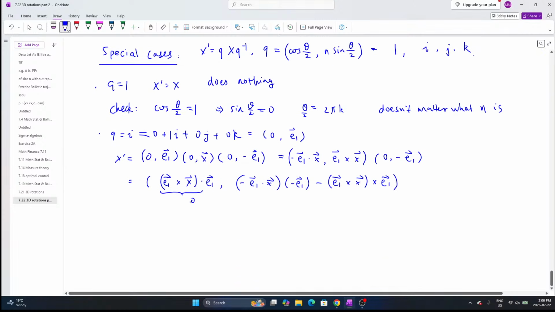So what happens here? This is 0, and then this is E1. Change the order, because this is a scalar, the order doesn't matter. E1 times E1 dot x.